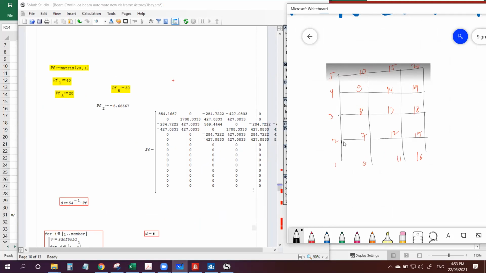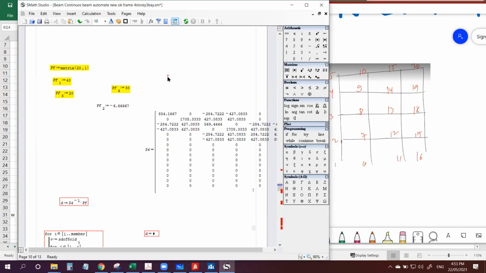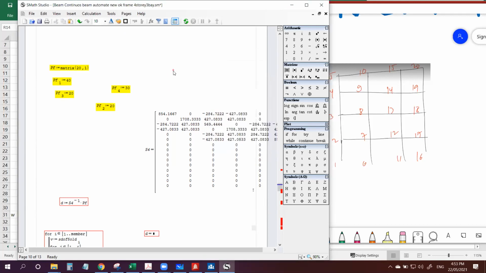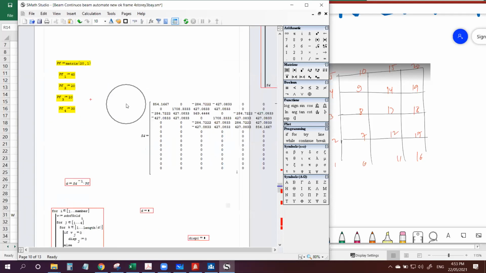Maybe I'll just apply lateral load instead. 2, 3, 1, 2, 3, 4. Make this 1, 2, 3, and 4. 1, I'll make this 20. 1, 2, 3, 4. Okay.